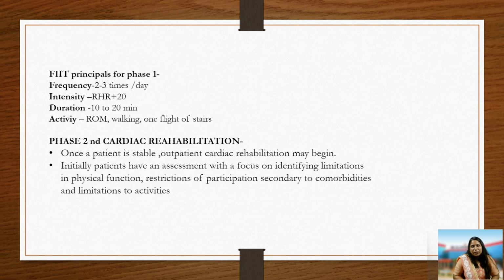Phase 2 cardiac rehabilitation. Once a patient is stable, outpatient cardiac rehabilitation may begin. Initially, patients have an assessment with a focus on identifying limitations in physical function, restrictions of participation secondary to comorbidities and limitation to activities.